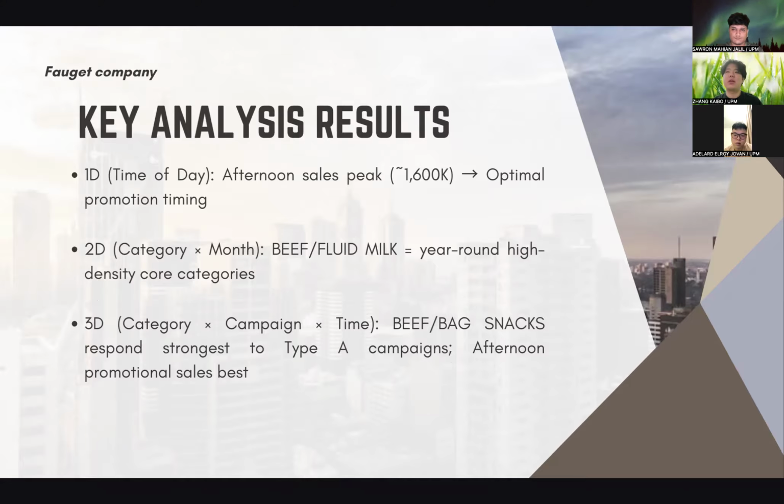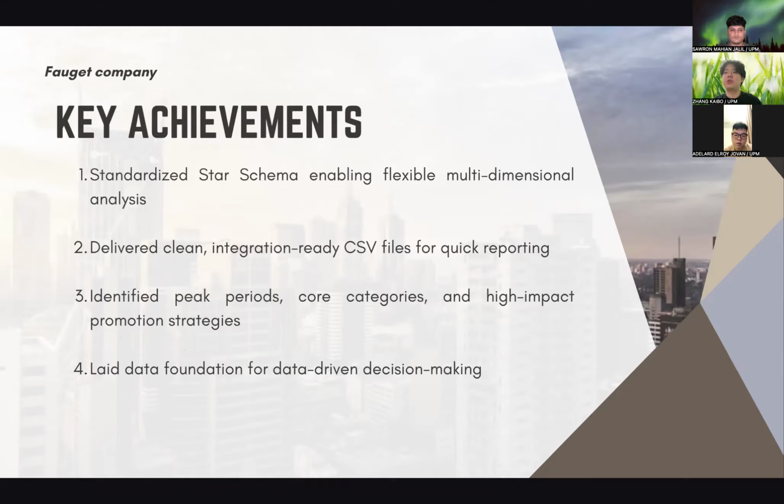Okay, and the next page is about task 2. For task 2, here are our key wins. We built a star schema that lets us analyze data in multiple ways, and we made clean, ready-to-use CSV files for quick reporting, and we found peak sale time, top products and good promotion strategies.